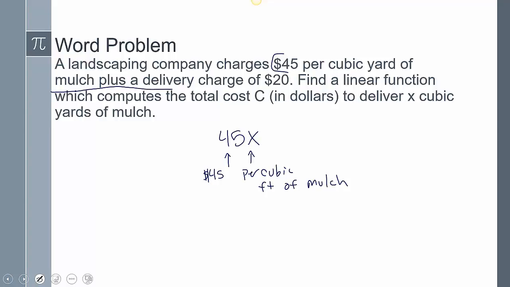And so I have that, and then it says a charge of $20. That's just a static flat charge. And so the way that I can express my equation is going to be C of x equals 45x plus 20.